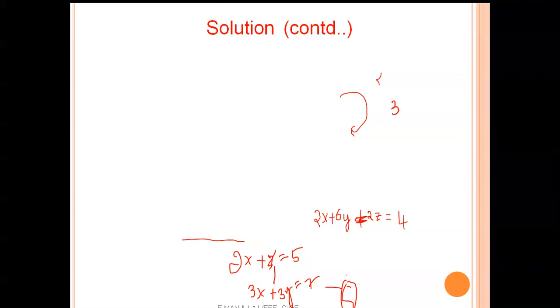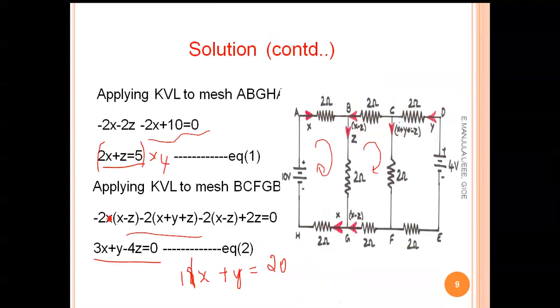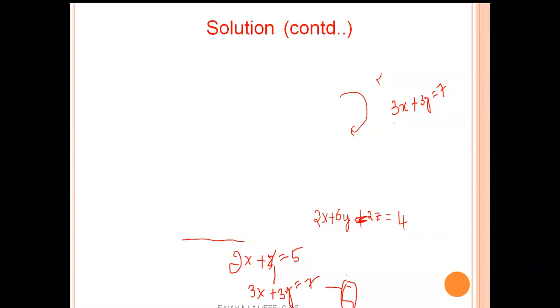Okay, so 3x plus 3y is equal to 7. And what is the equation 11x plus y is equal to 20.